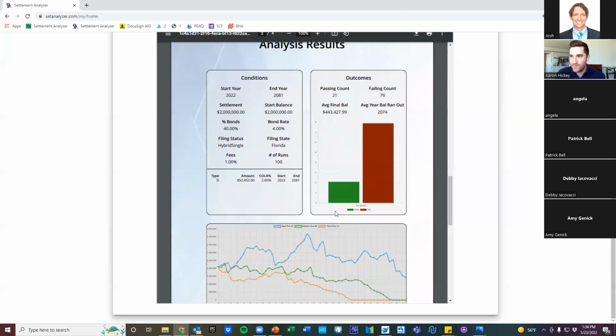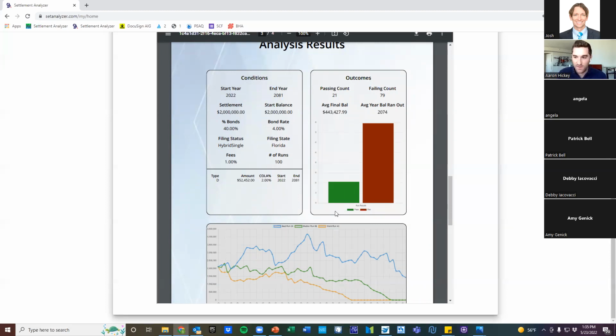The third page is simple. The third page is the results that we saw on the HTML side a second ago. On the box on the left, it's all of our conditions. And on the outcomes, just a breakdown of our passing and failing.